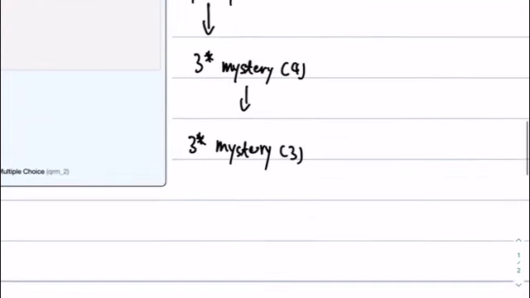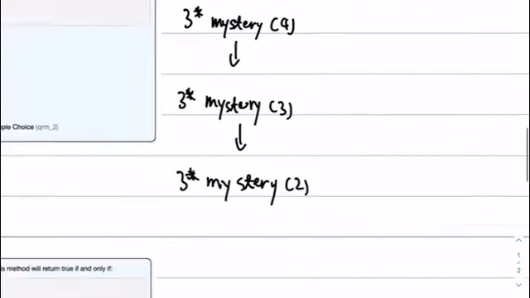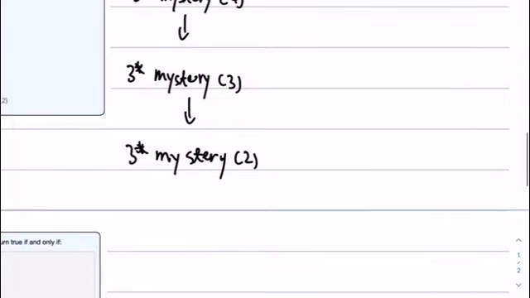And so with that, the same logic would go into mystery 2 and mystery 1.